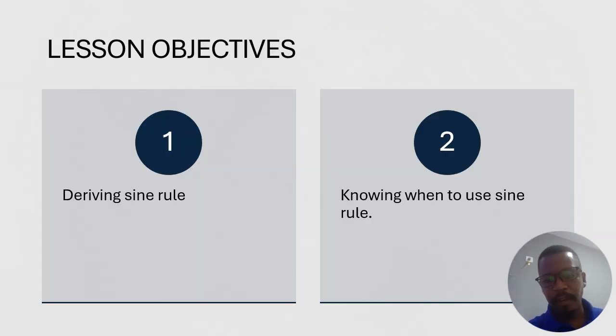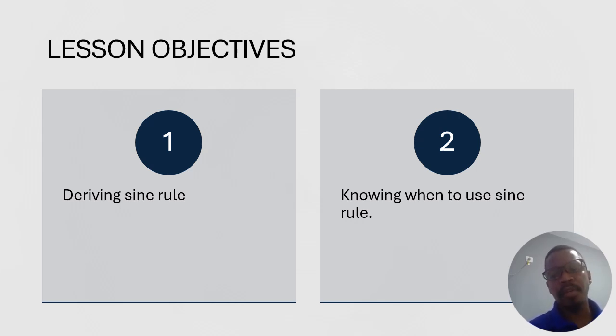An objective of this lesson today, lesson 1, is basically to derive the sine rule, to know what the sine rule is and where it comes from. So we are going to show each other how we derive it, and we are also going to know the situations in which you need to use this sine rule.